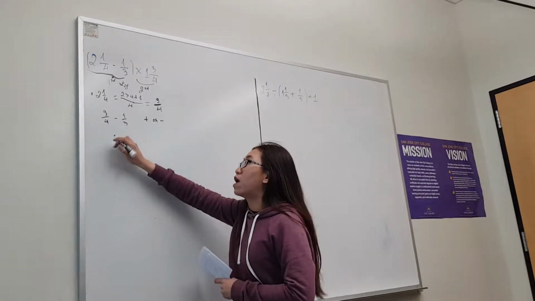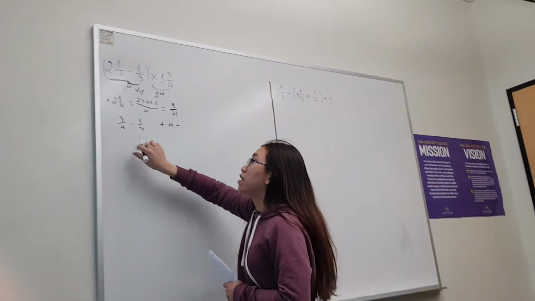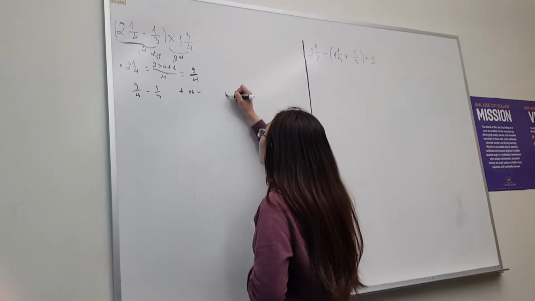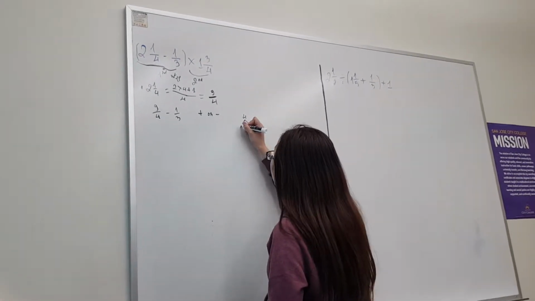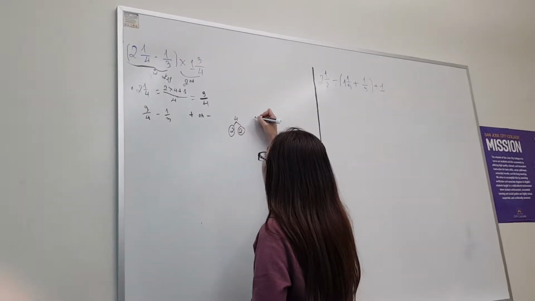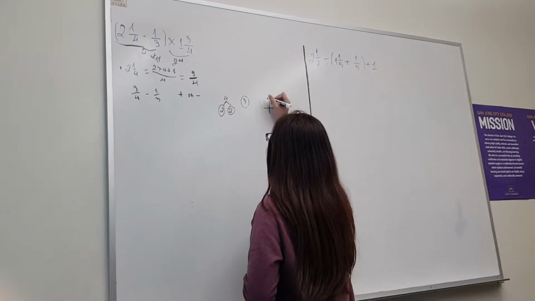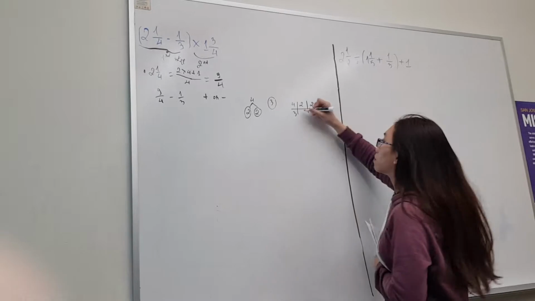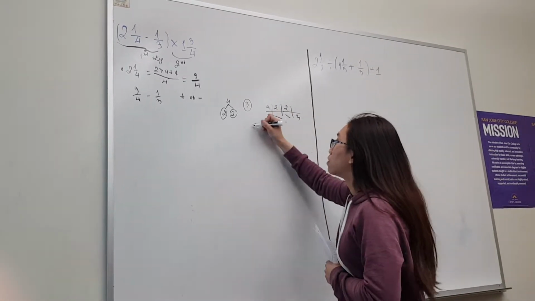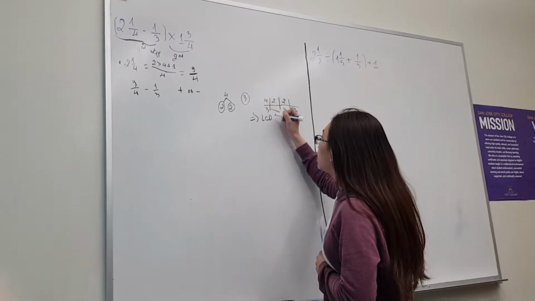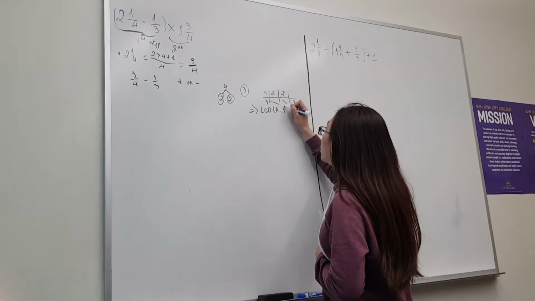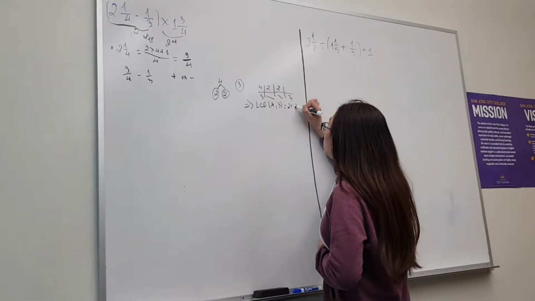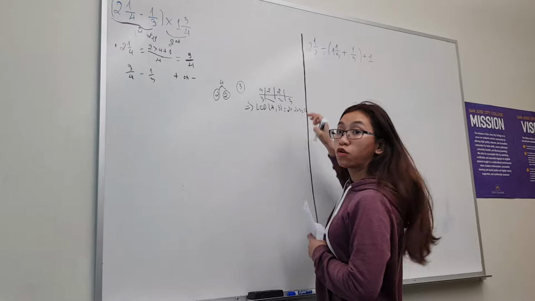Now, the first one, you need to find the LCD in this math. So you have the LCD of 4 and 3: 2 times 2 times 3, you have 12.